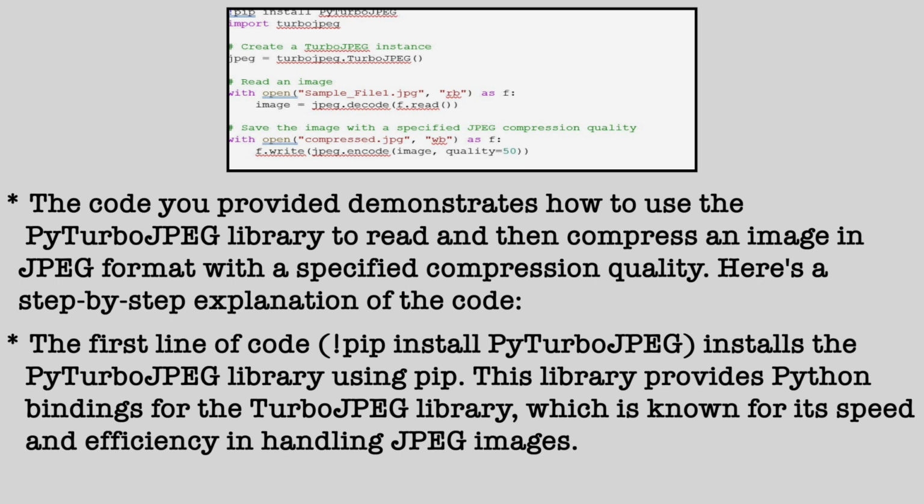This library provides Python bindings for the TurboJPEG library, which is known for its speed and efficiency in handling JPEG images. Importing the necessary modules: you import TurboJPEG from the PyTurboJPEG library, which is the core module responsible for handling JPEG images.